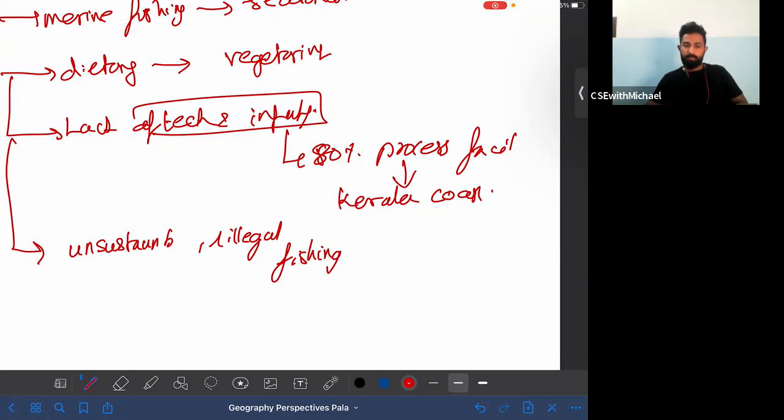So that much is what you basically need to know about the fishery sector in India. And you can obviously think about the Blue Revolution, Neel Kranti Mission, etc. These are some of the schemes taken up by the Government of India to promote fisheries, biotic resources, aquaculture, things like that.